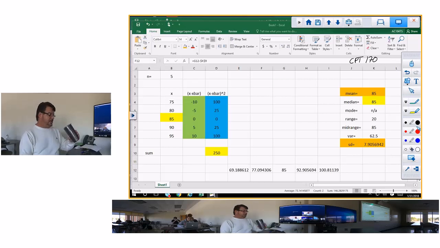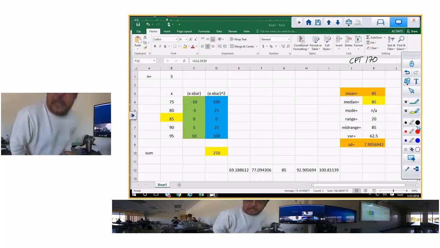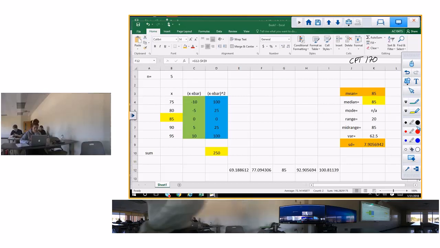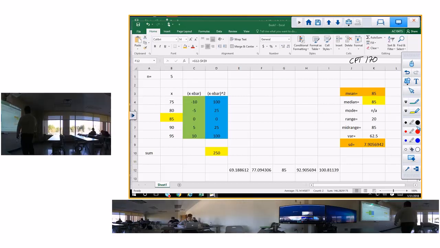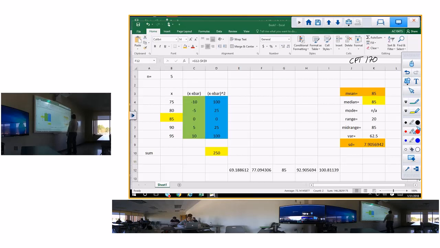If anybody's got a book, try to find it for me so I can write down the page number. But the empirical rule, just mark through the book and put that title, the empirical rule.